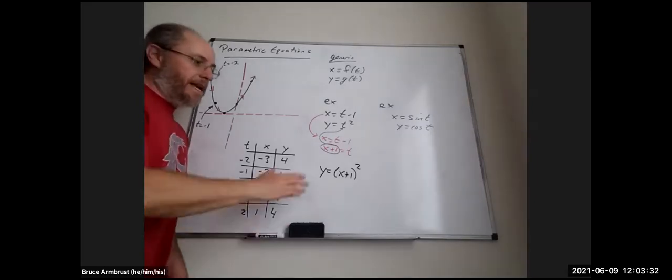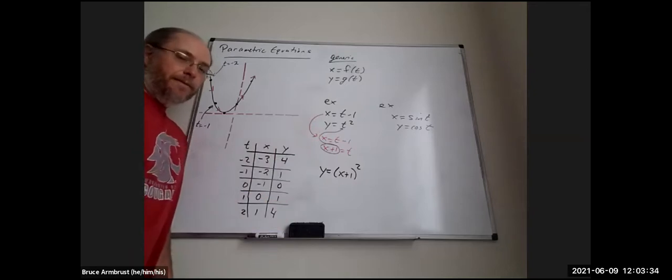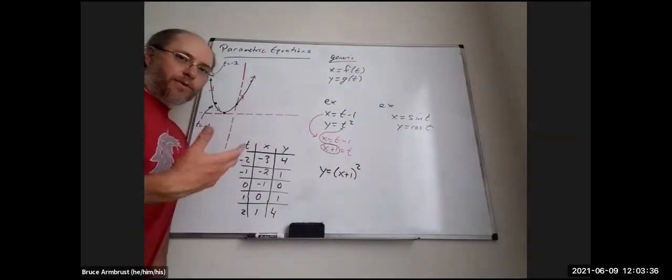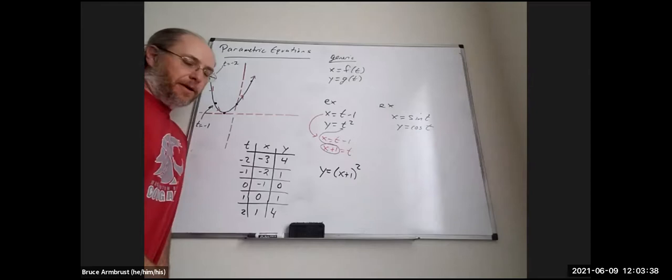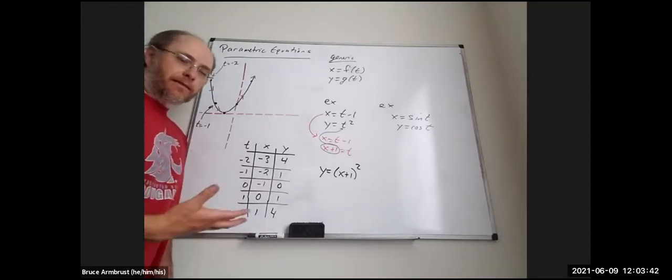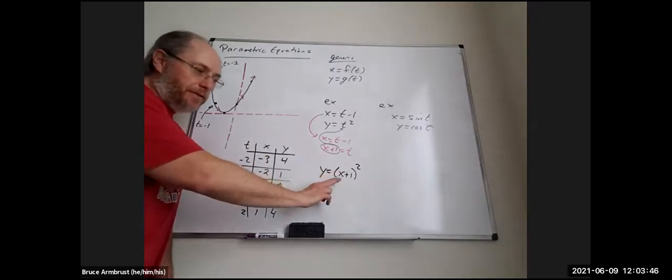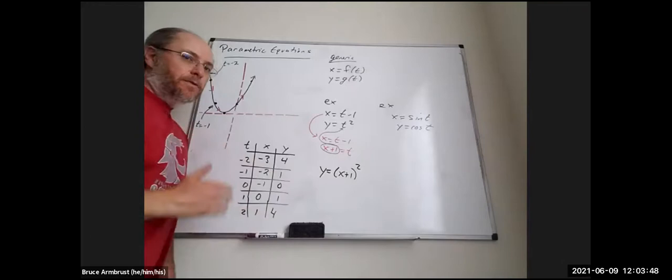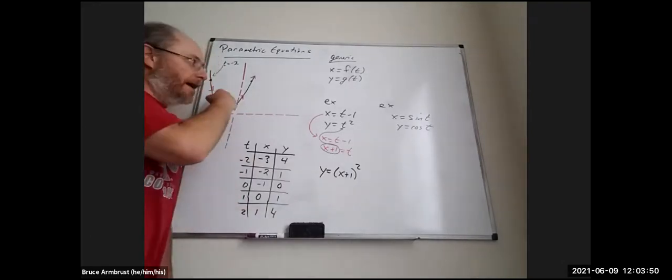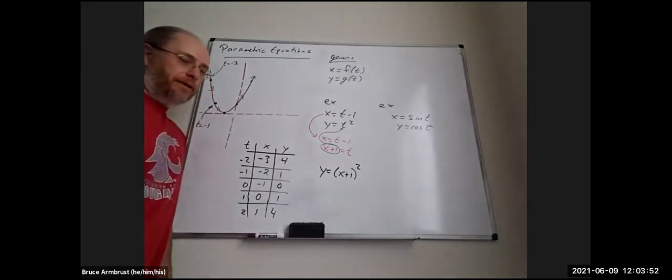So this is a really handy thing to do if you want to know what your set of parametric equations actually looks like, what the path looks like. You can eliminate the parameter, but remember that if you do this, you lose everything about how it's traveling on that curve, right?